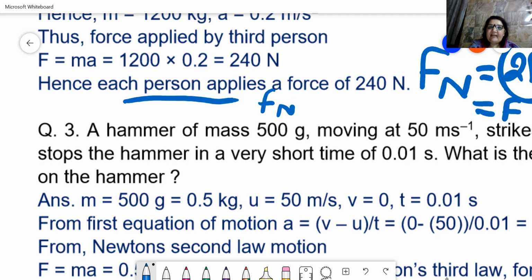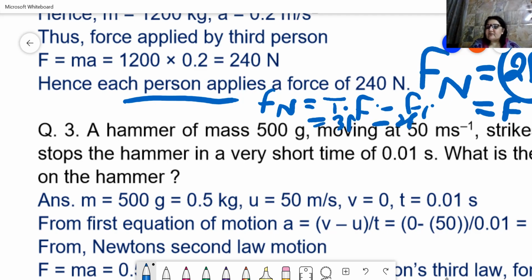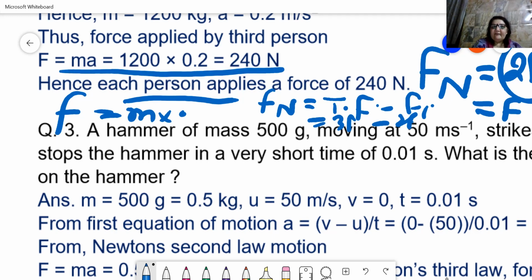So the total force which they are applying minus the frictional force. If three persons are there, that means 3F is there, and then 2F is the frictional force by the two persons who were doing it. So only 1F is remaining. What is 1F? m into a. So whenever we have to apply 1F, you just find it out for only one person. The two persons who were also pushing, their force was used to overcome the friction. So 1200 multiplied by 0.2, directly you can get the answer, which is F equal to ma.